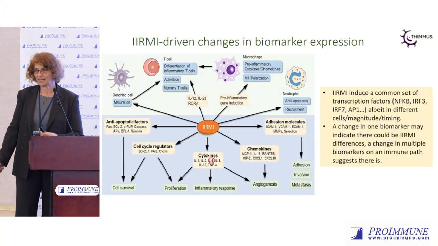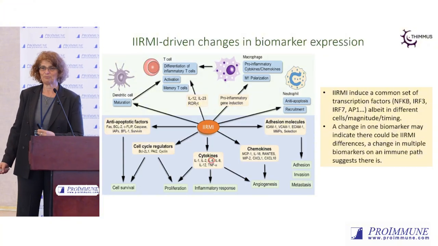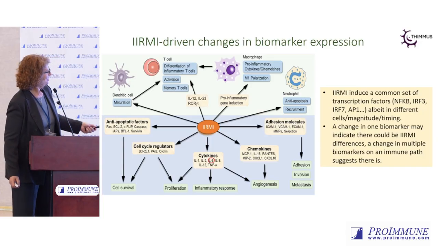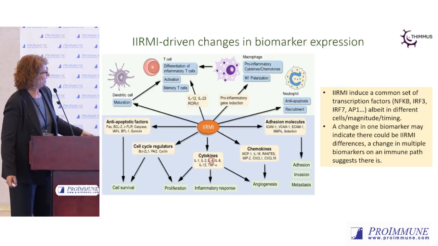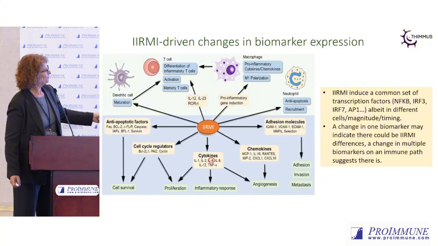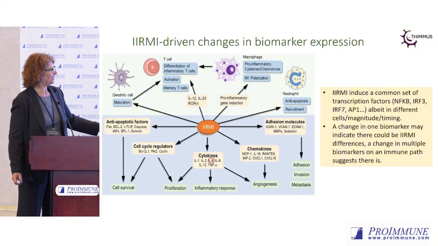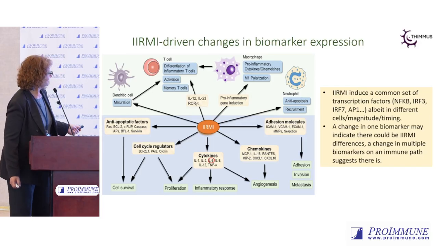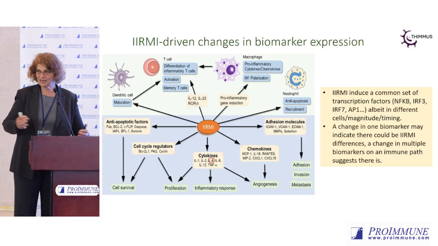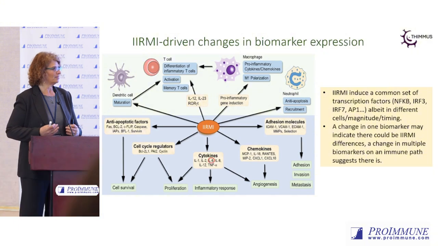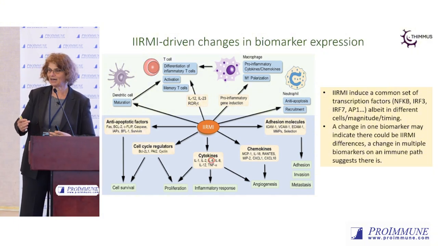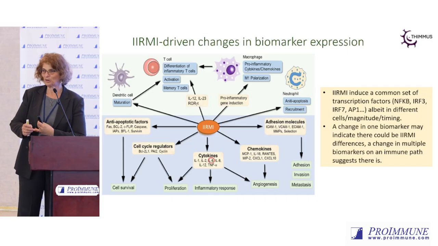Now, as I was saying, we'd really like to look at multiple parameters. Why? Because we think that innate immune modulators can act on many different types of responses, elicit pro-inflammatory cytokines, but also have anti-apoptotic effects, or regulate the cell cycle. The number of things that can happen is quite varied, and they don't always happen at the same time. So there are timing issues, there are response issues.